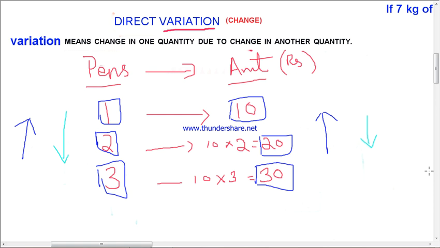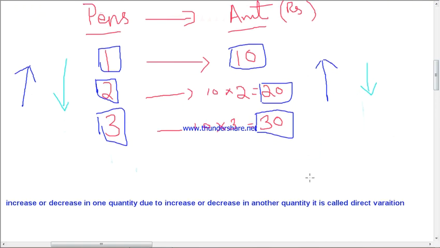In the first case 10, 20, 30 and 1, 2, 3 it was increasing. And if I reverse it, 30, 20, 10 and 3, 2, 1, it is decreasing on both sides. So whenever you have this kind of situation, increase or decrease in one quantity due to increase or decrease in another quantity, it is said to be direct variation.